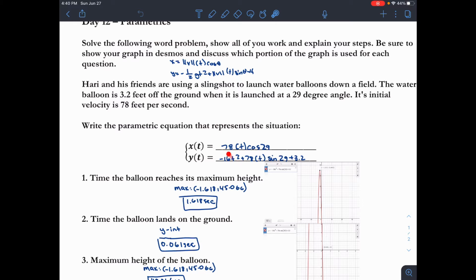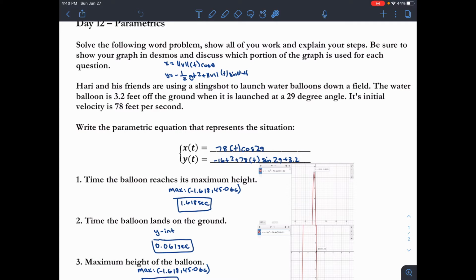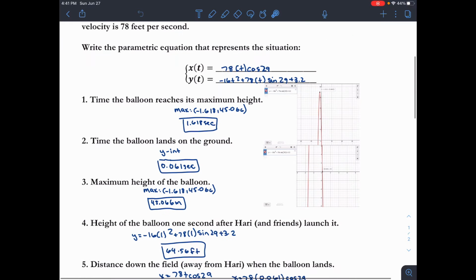We keep this t squared as our variable, plus the magnitude of the velocity, which is 78 again, times t sine 29 degrees, and then plus h. The 0 would be the ground level, but it says the water balloon is 3.2 feet off the ground, so that would be our h. So we add plus 3.2. These are our two parametric equations.